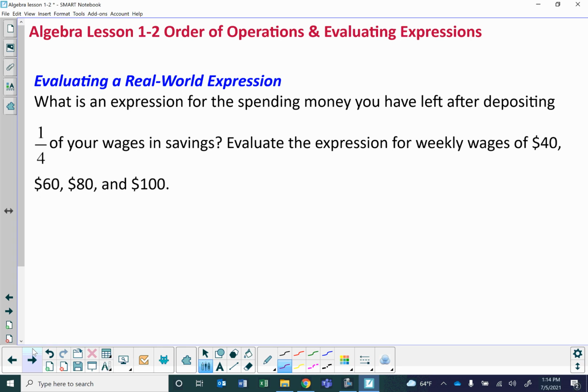If you get paid a certain amount of money every week and you are going to put 1/4 of your wages in savings, you're going to have 3/4 of your money left, right? So if you put 1/4 in savings, that means you have 3/4 left to use as you want.